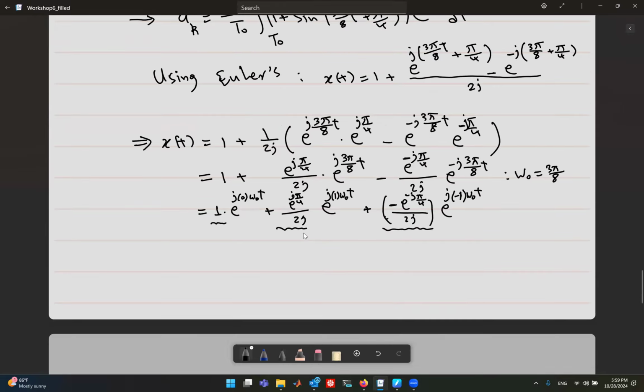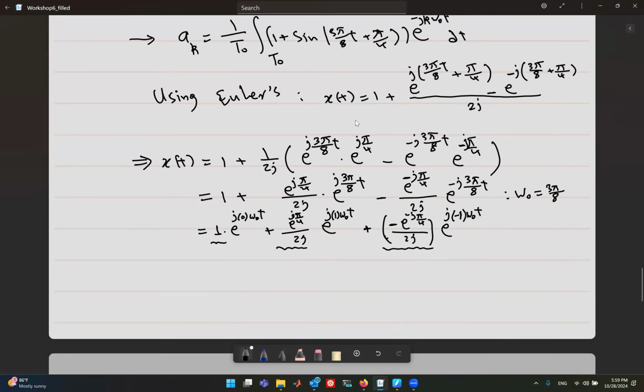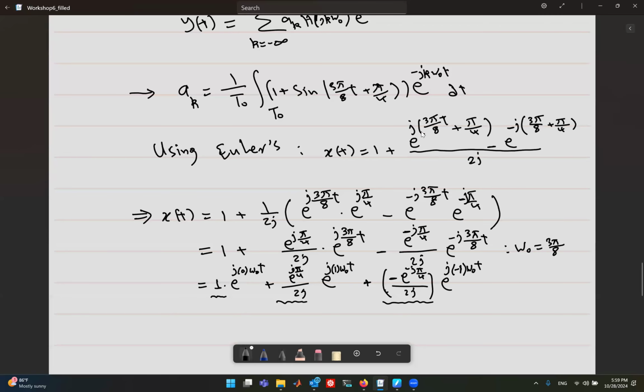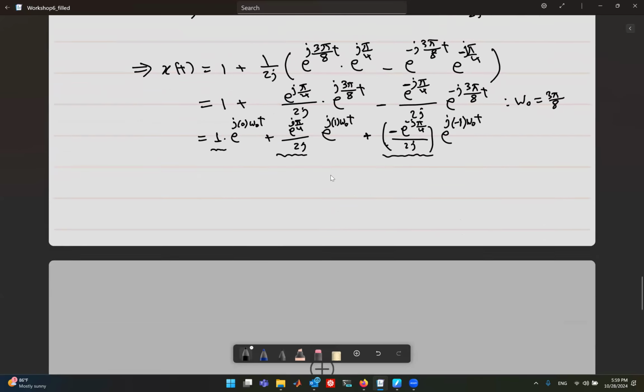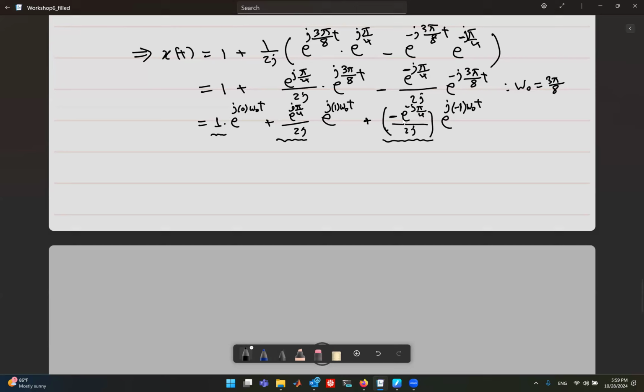Just by using Euler's formula, writing the sine in terms of exponentials and simplifying a little bit, we found the coefficients of this signal directly without doing any integration. Here k equals 0, so this exponential will be 1, and it's scaled by 1, so this is a0 equals 1.